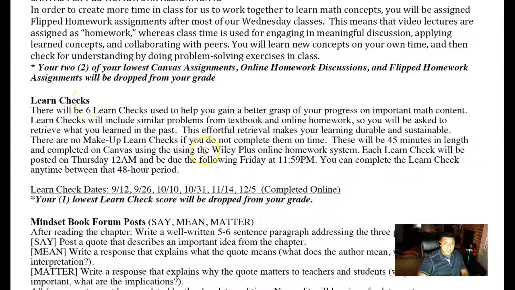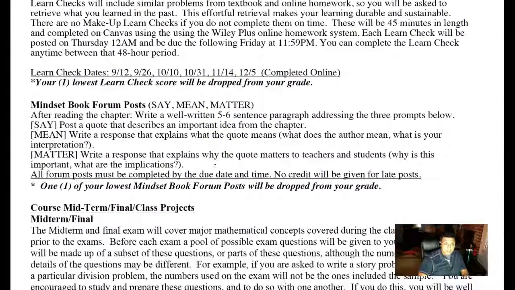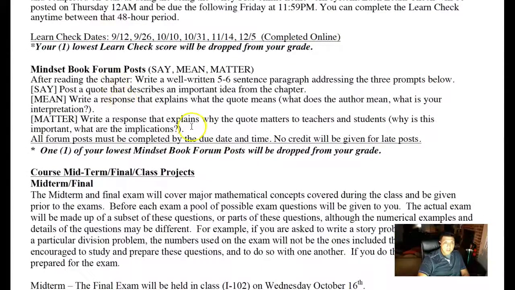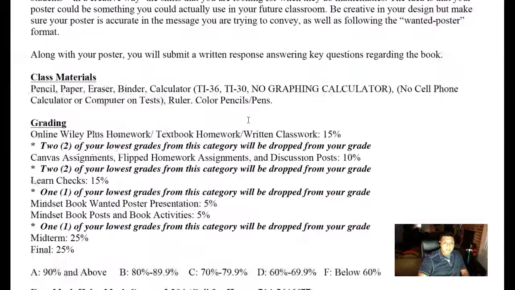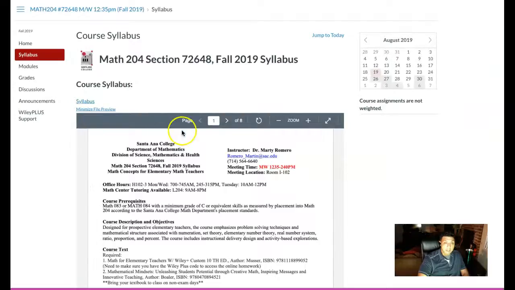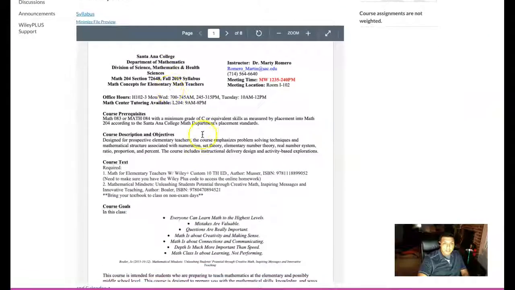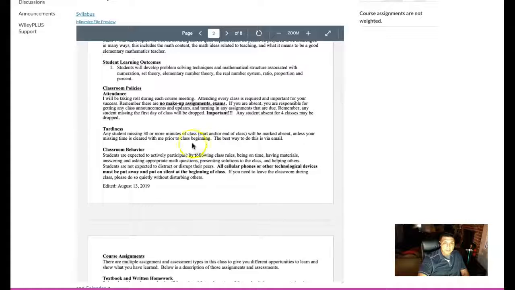We have learn checks. They're quizzes, but they're done at home. You have a 48-hour period to complete those, and these are the dates of the learn checks. And then there's book forum posts for the book we'll be reading. So there are a lot of different things you want to be aware of, the different types of assignments that we have in the class. So let's make sure you have that completed as soon as possible.